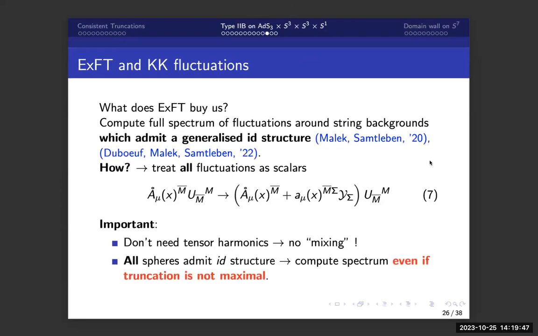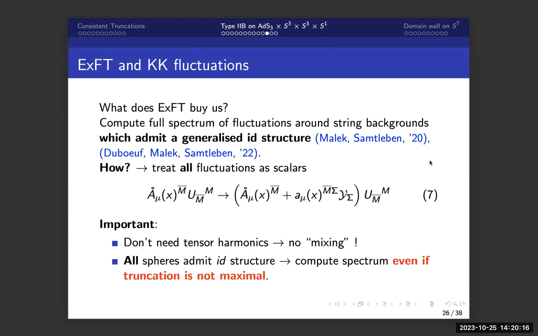The thing that exceptional field theory buys you is precisely this. It kills the mixing of all the various form degrees of freedom. The point is that you're always able to compute the full KK spectrum around any background which has a generalized identity structure, of the type that I described earlier with this frame.